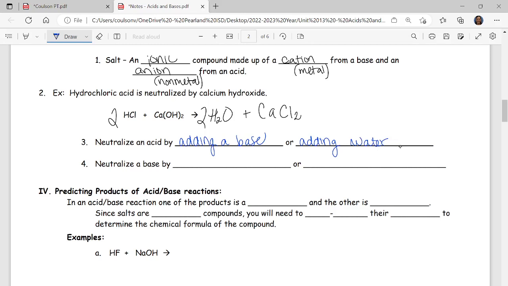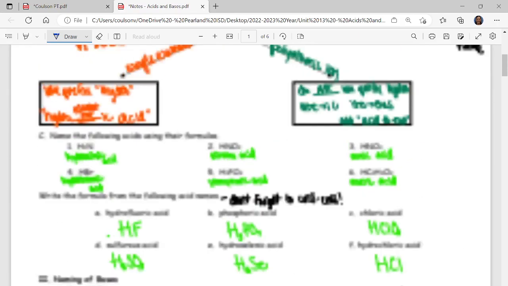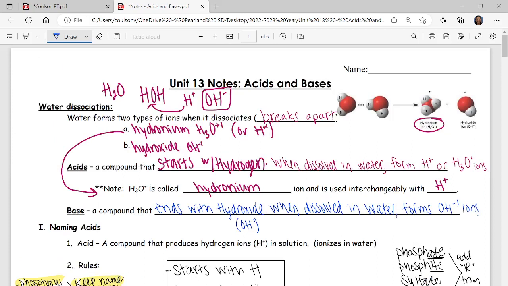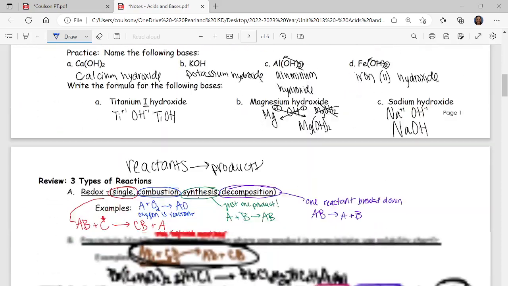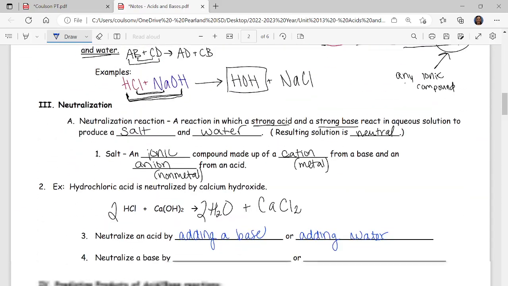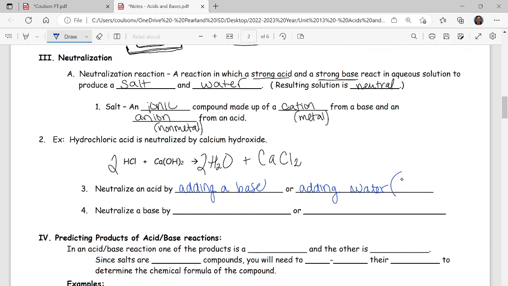In this case, if I'm trying to neutralize an acid and I add water to it, the water will act as a base. This is where it comes into play that water breaks up into both hydronium and hydroxide ions. So water will act as a base in neutralizing an acid. The other thing that's happening here is you're diluting it, which makes it less strong and easier to neutralize.